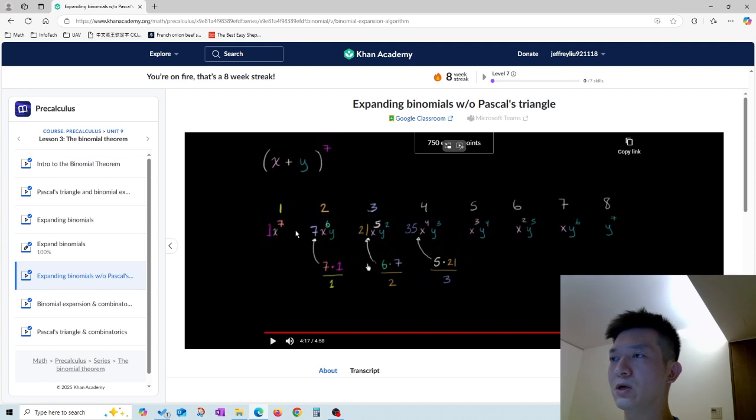You can write out your triangle, one level by one level, but there's a little trick here where you write out all the terms.